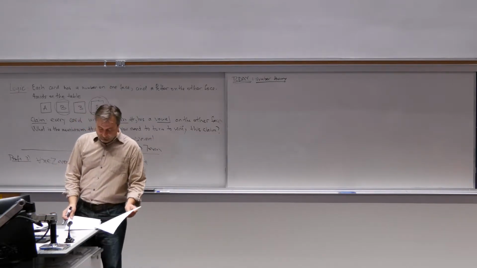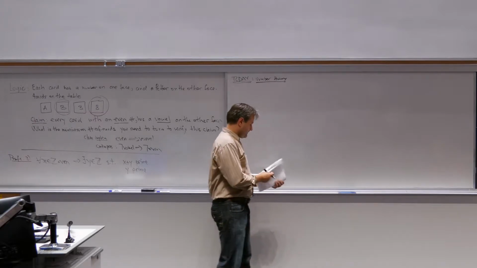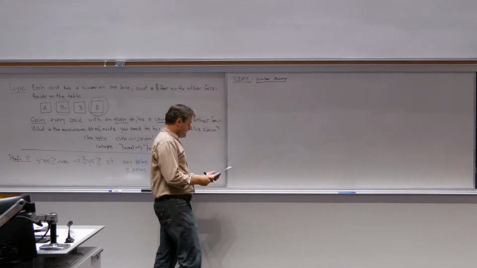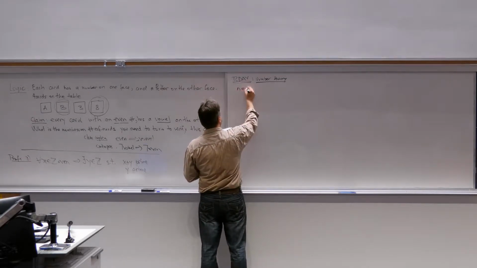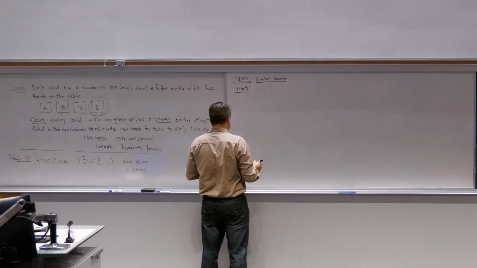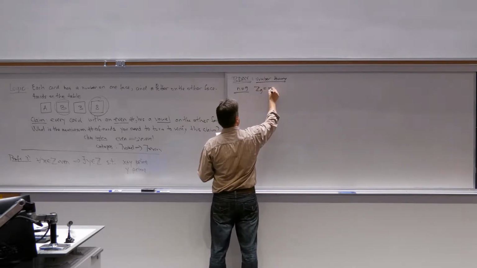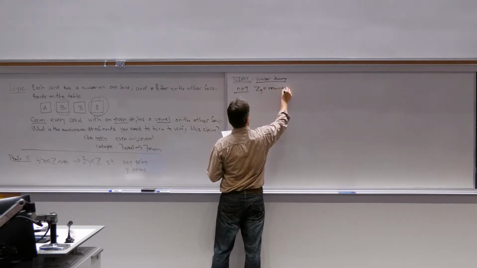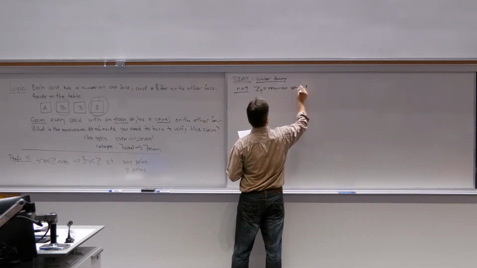So, where were we last time? I think we started talking about modulo. So let me take a case here, n equals 9. And Z9, of course, is the set of remainders mod 9.